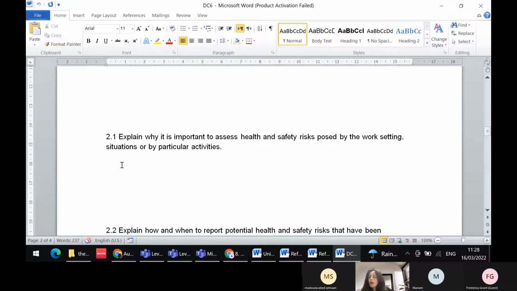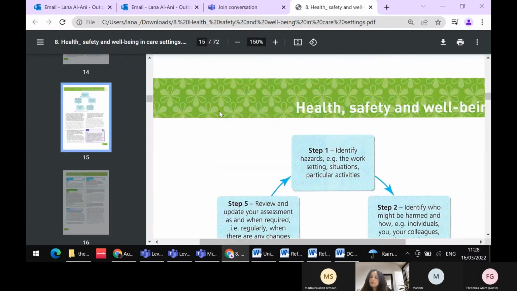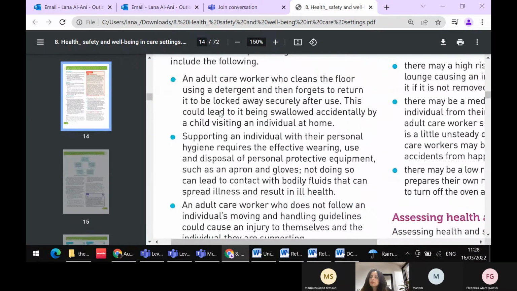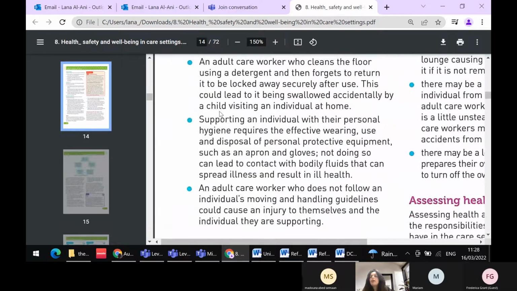Also, you can have another example. A care worker cleans the floor with detergent, but then forgets to put the lock on the cupboard. Then one of the clients didn't know what this bottle is and swallowed it. That's very dangerous. And also supporting the individual with their personal hygiene requires effectively wearing the PPEs.